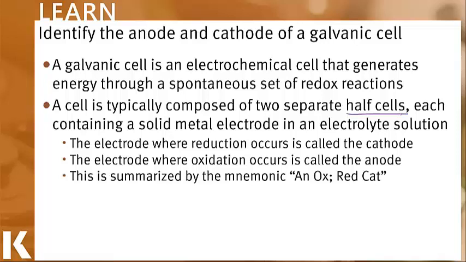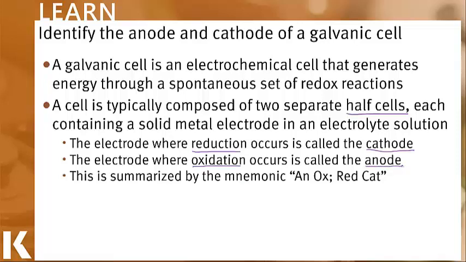When we look at our redox reactions, there is always one electrode where reduction will occur and one electrode where oxidation will occur. Reduction always occurs at the cathode, and oxidation always occurs at the electrode that we call the anode.